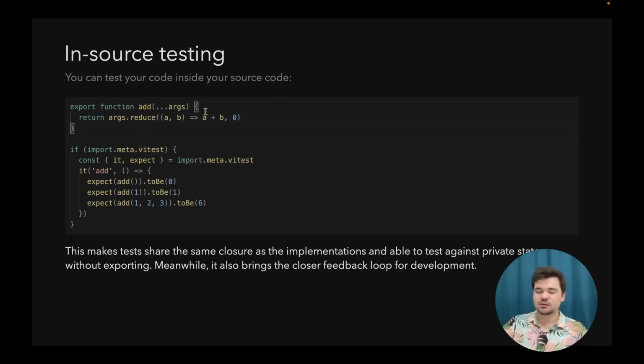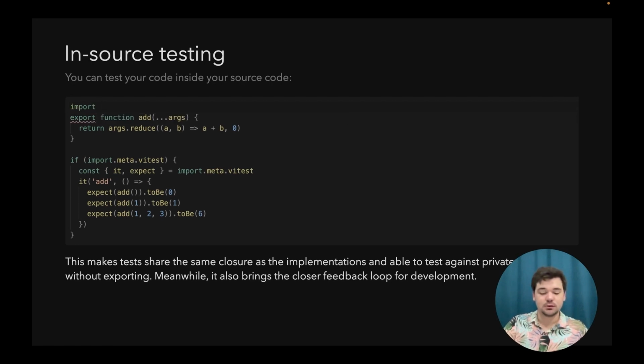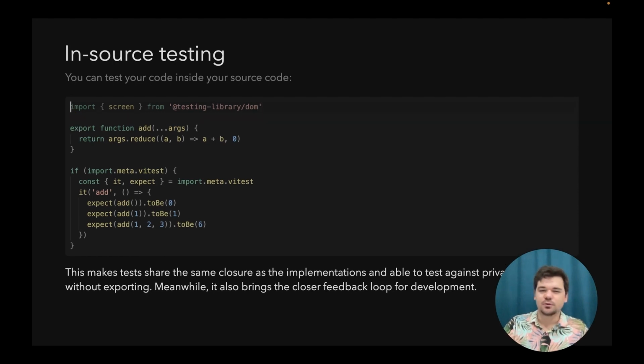But if you are using some kind of an import, like screen, for example, from the testing library DOM, testing DOM has this like React, this might be bundled with your production code, even if you use it only here.